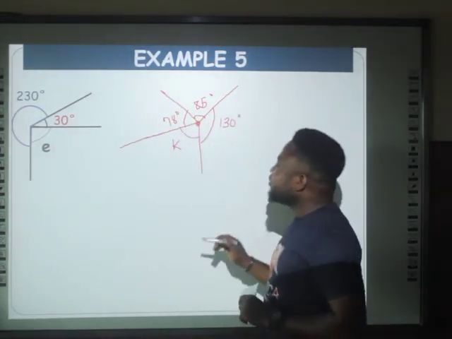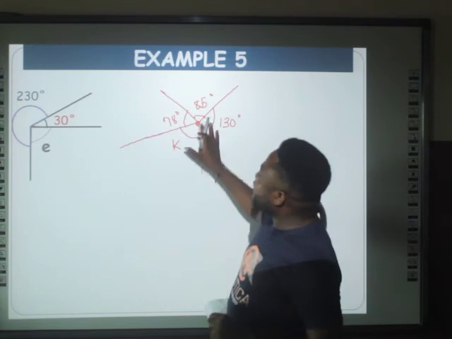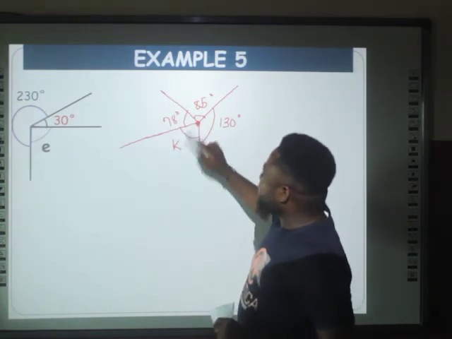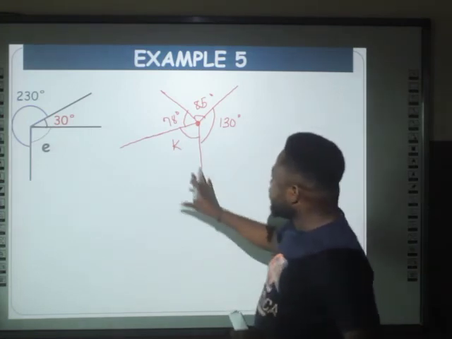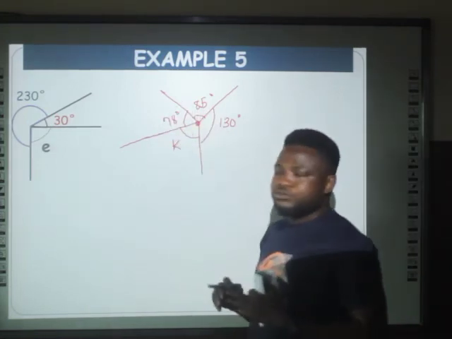So what do you observe again? Since the 4 lines all meet at this point, everything will add up to 360 degrees. So the addition of everything here must be equal to 360 degrees.